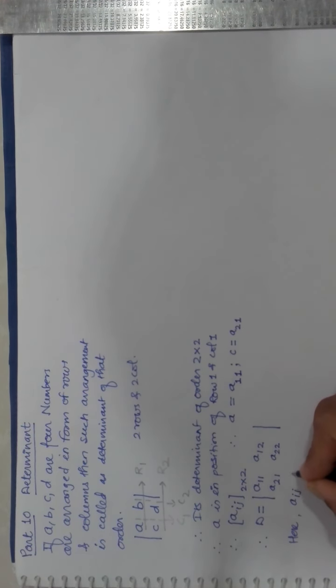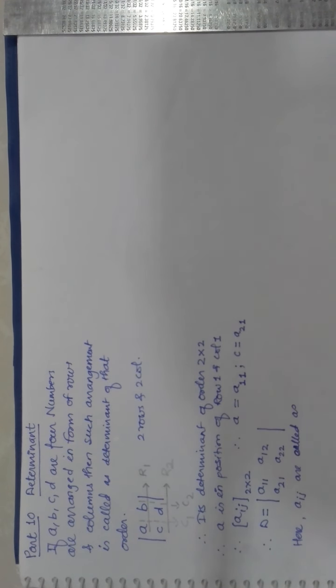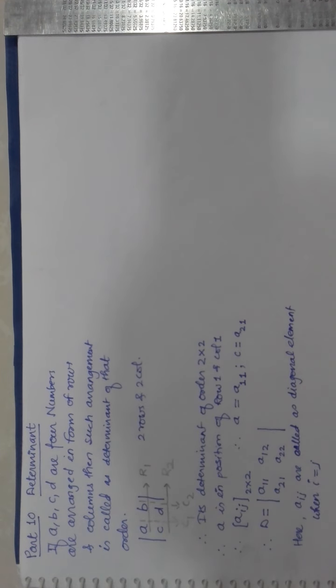Aij are called diagonal elements only when i is equal to j. i must be equal to j, then only they are called diagonal elements.